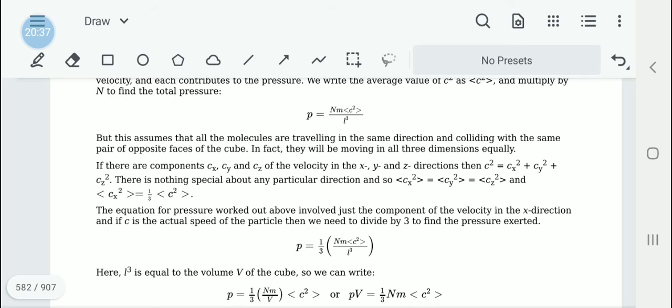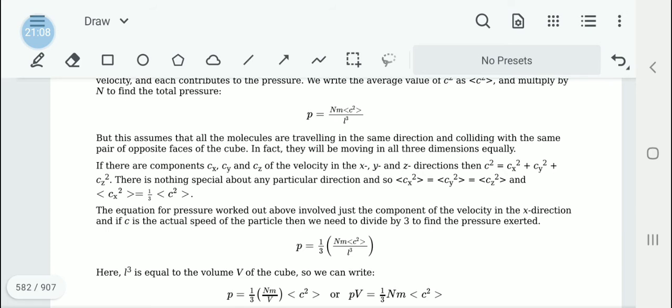Then c squared is going to be the sum of these things: cx squared plus cy squared plus cz squared, right? So then we can take it as 1/3 of whatever. We assume that they are equally traveling in all directions, so we can take one of these components to be 1/3 of c squared.